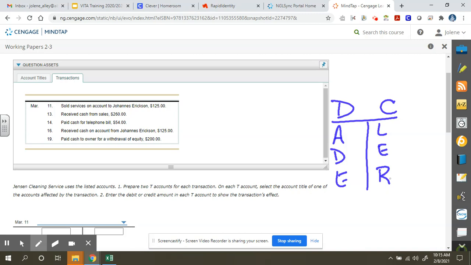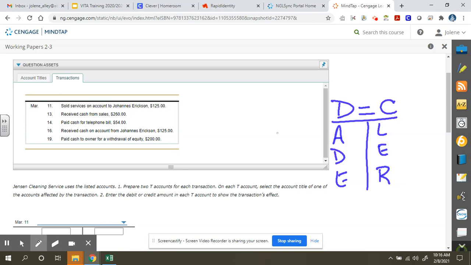I call them debit accounts because they increase on the debit side. Credit accounts increase on the credit side. Now you know where they increase. They decrease on the opposite side. DC means debit credit, and debits and credits always equal. Always, always.